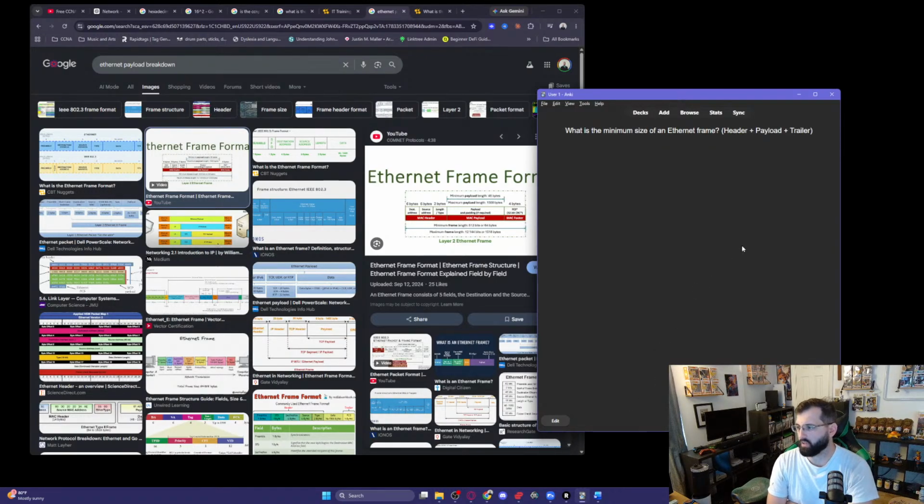What is the minimum size of an Ethernet frame? Header, payload, trailer. Now, this is not just the payload. This is the whole frame. Well, hell, this says 64. It is 64. I'll be damned.